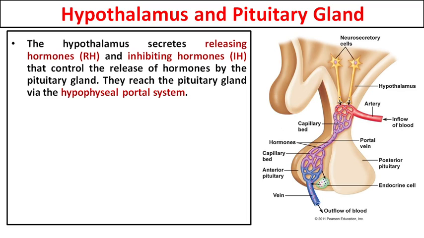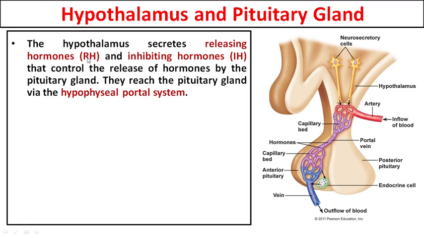So the abbreviation will be RH. Inhibiting hormone will inhibit the pituitary. It will not allow the pituitary to secrete that hormone. So it is abbreviated as IH, inhibiting hormone. This RH or releasing hormone and inhibiting hormone, they control the release of hormones by the pituitary gland.